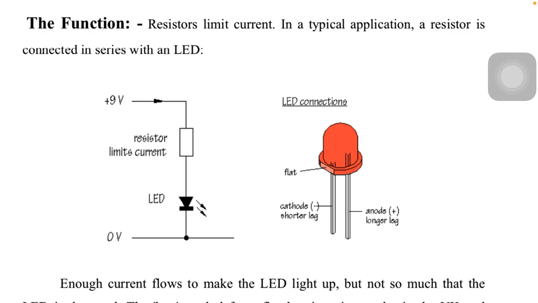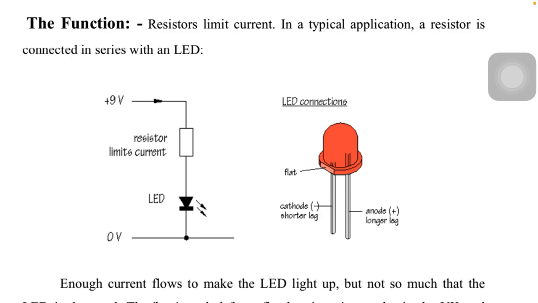You remember Ohm's law? The higher the voltage, the higher the current that will flow. So you have to drop the voltage and resist the current using what? Resistor. Like this LED requires between 10 milliampere to 30 milliampere.